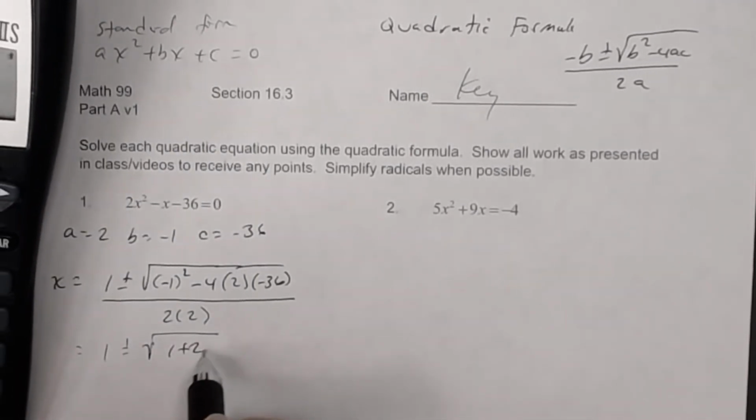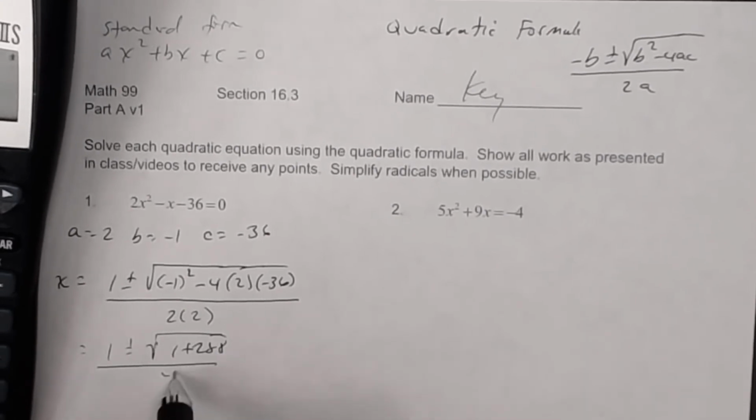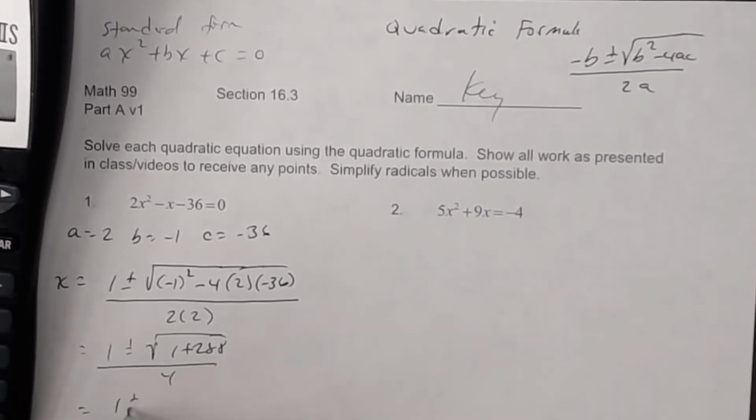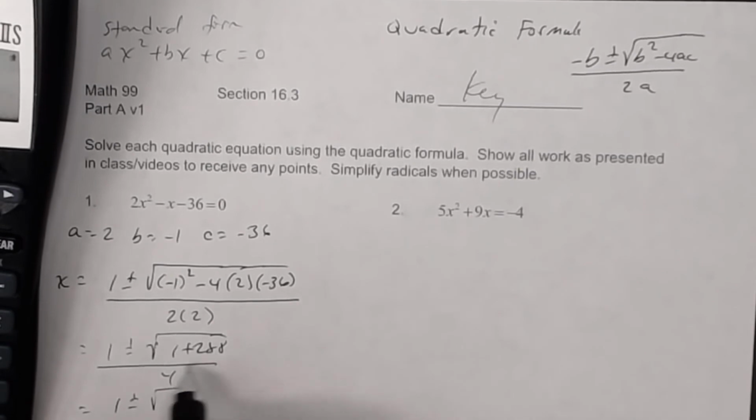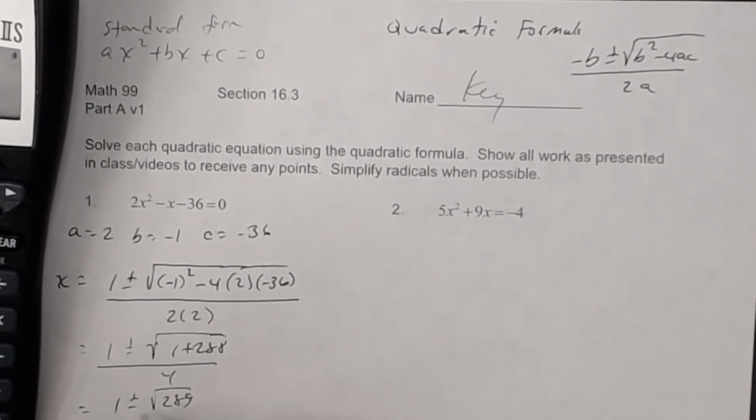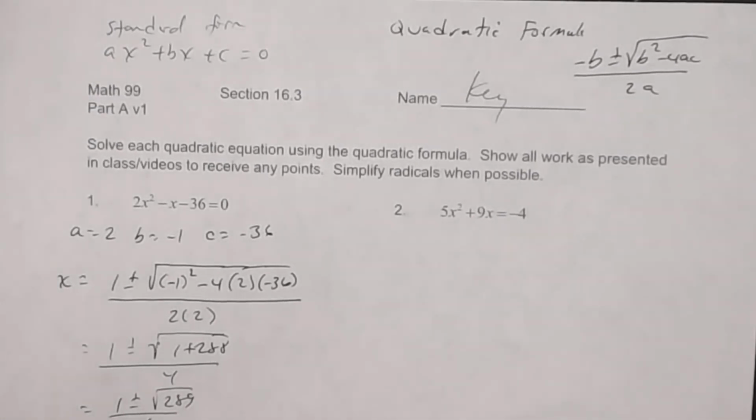So 1 plus 288, right? All over 4 equals 1 plus or minus the square root of 289, all divided by 4. Okay, I'm running out of room, so when I do the next, I'm going to do it on another sheet of paper.